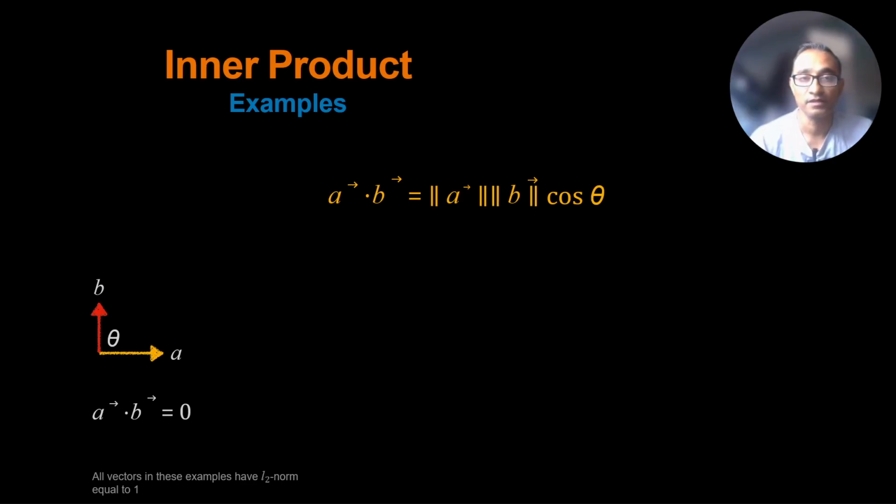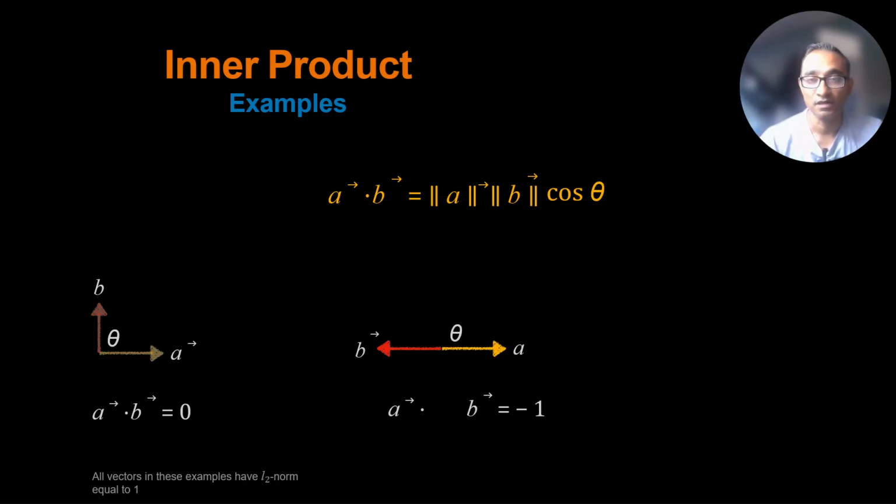For example, if vectors are perpendicular to each other, the cosine of 90 degrees gives an output of 0. It is important to understand that all the vectors we are using here as examples have an L2 norm equal to 1.